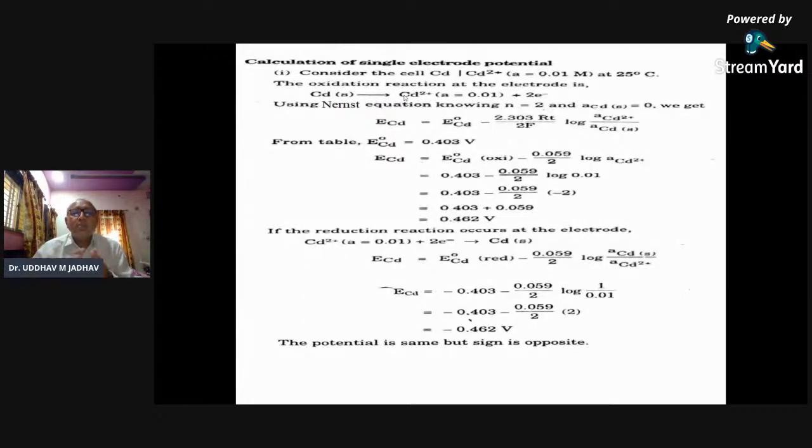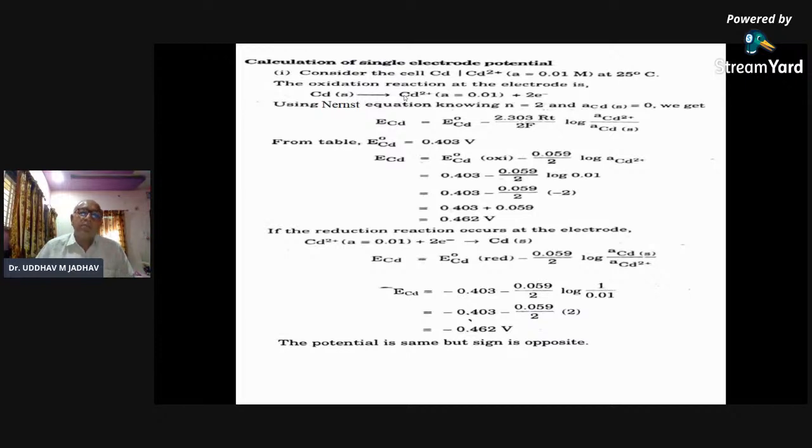Now see, in the examination it is always asked: an electrode or cell will be given, and the concentration or activity may be given, and by knowing the equation, it is possible to calculate the EMF of the single electrode potential or EMF of the cell.